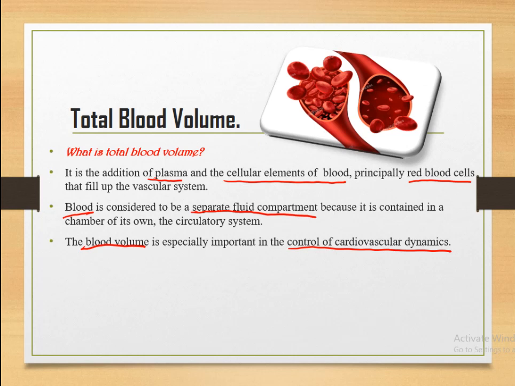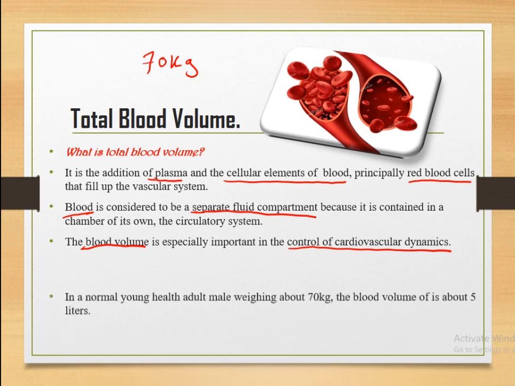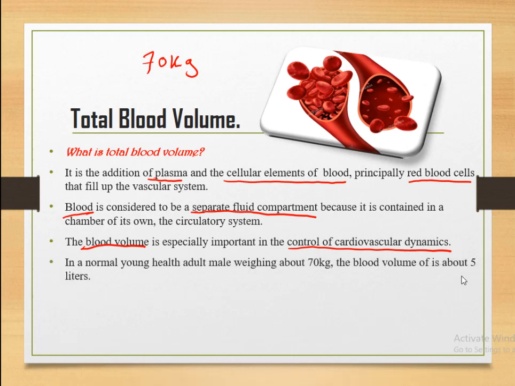It's not just about knowing the components of blood. We can talk of the red blood cells, we can talk of the plasma, we can talk about so many things. But it's very important to know the total amount of blood in the human body. So remember, last time we used a 70 kg young man. Even this time around, we'll be using a 70 kg young man. A 70 kg young man is said to have about 5 liters of blood.